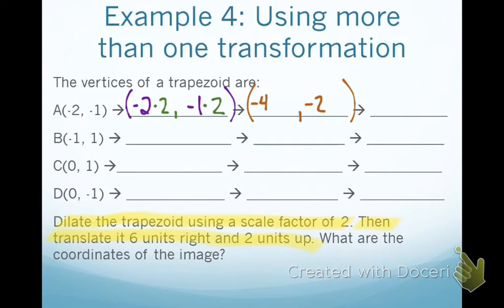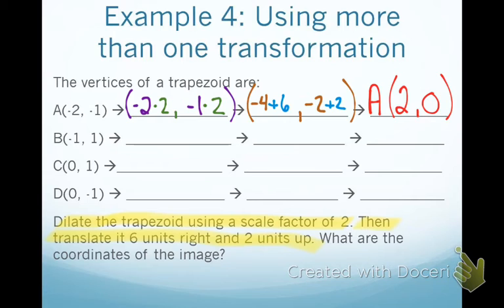What am I going to do to x? Subtract 6. Ooh, am I going to subtract 6 if I'm moving to the right? I need to add 6. What am I going to do to y for 2 units up? Add 2. Yes. And now I end up at my image of 2, 4. Or I'm sorry, 2, 0.